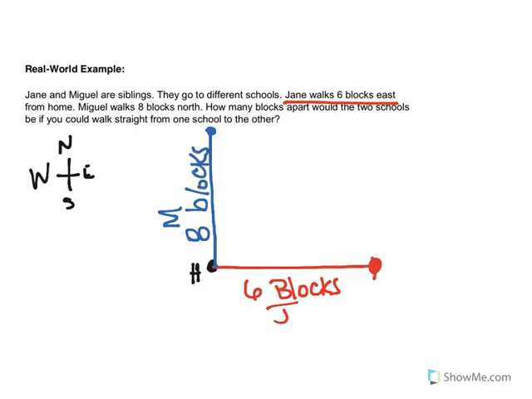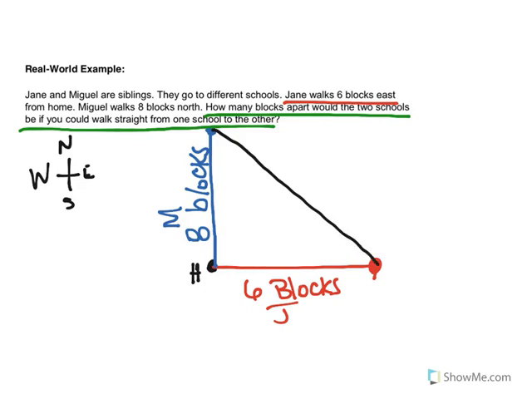And my question is asked me, how many blocks apart would the two schools be if I could walk straight from one school to the other? So remember here, I'm not thinking about home, I'm thinking about school. So I'm going to draw a line from McGill's school to Jane's school. I could have drawn the line from Jane's school to McGill's school. It doesn't matter. I will still have that line drawn.